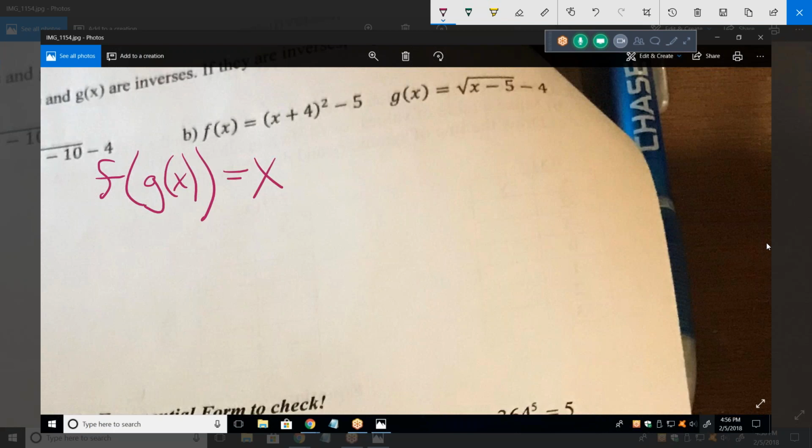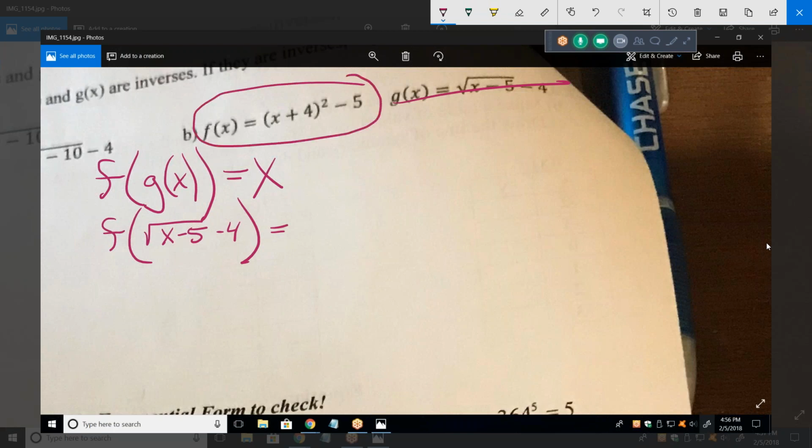So what's the next thing I want to write? f of what? f of square root of x minus 5 minus 4. That's it. Okay, now tell me what that's equal to. In other words, now we're done with the g of x function. Now we're dealing entirely with the f of x function.